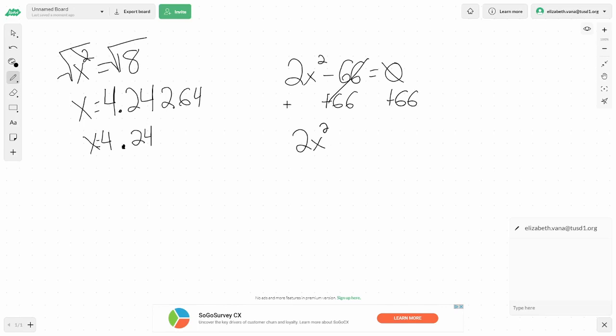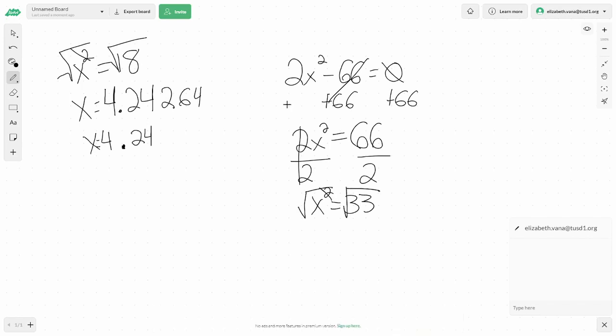I'm left with 2x squared over here and a positive 66 on the other side. I'm going to divide by 2 to get x squared by itself. Now I have x squared equals 33. And then take the square root of both sides. Square root and squared cancel each other out.